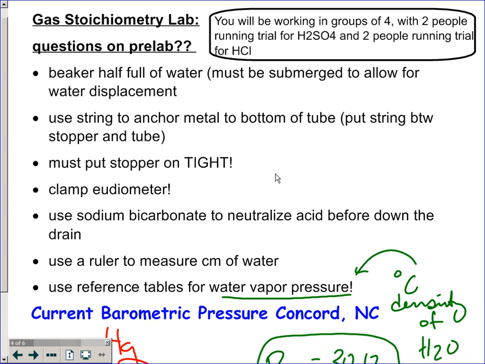All right, I need to be seeing some inverted eudiometers fairly soon. If you need some help with the stopper, let me know.